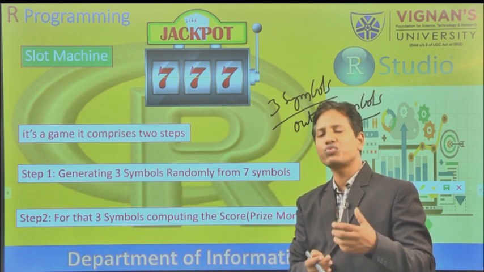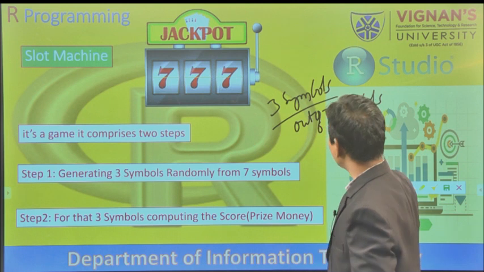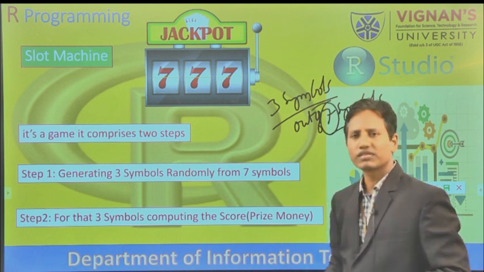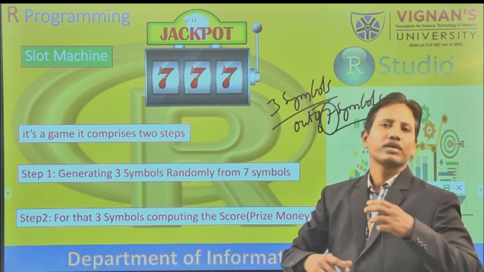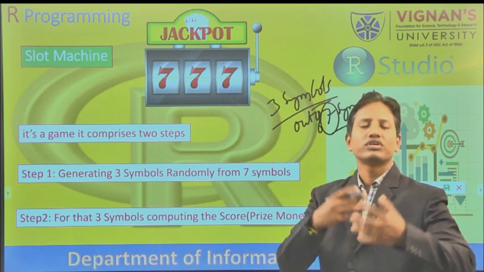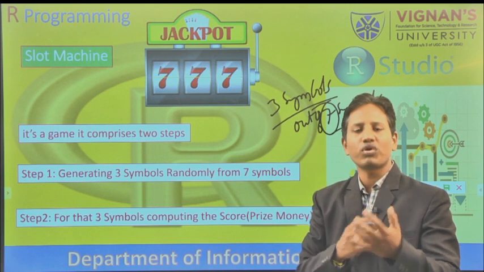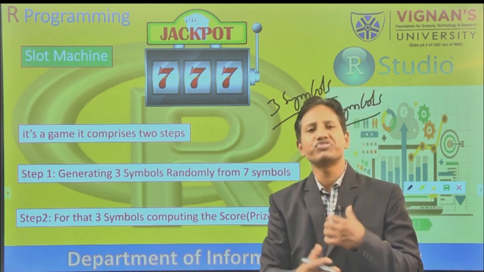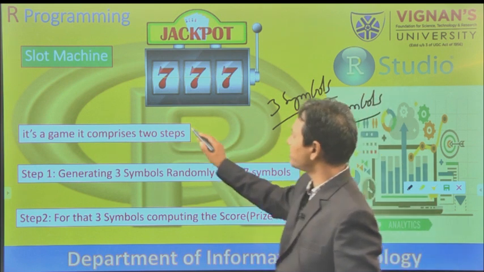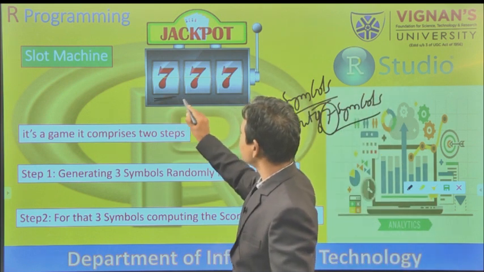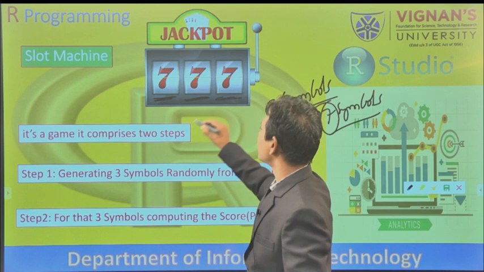I am going to repeat once again. There are going to be 7 symbols, and once you press the button, the machine is going to circle, it is going to revolve, and finally it's going to generate 3 symbols out of the 7. Here you can see this is the 1st slot, this is the 2nd slot, and this is the 3rd slot.